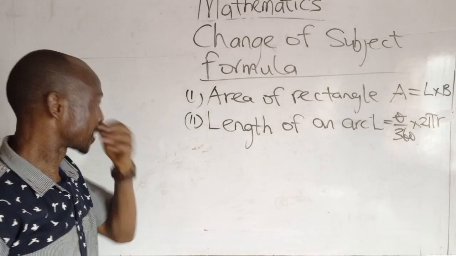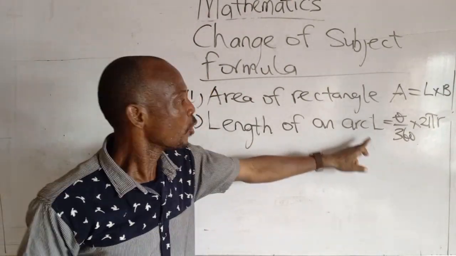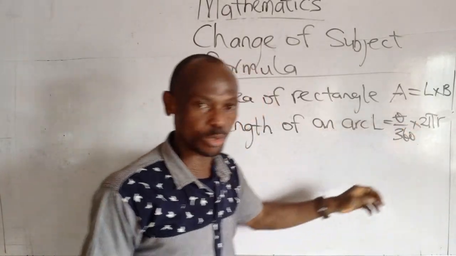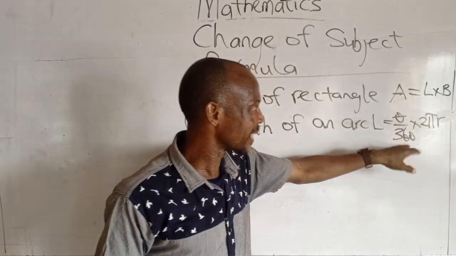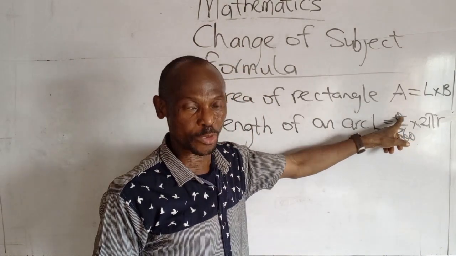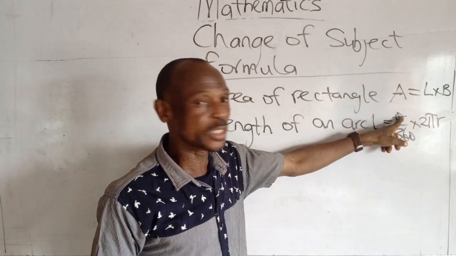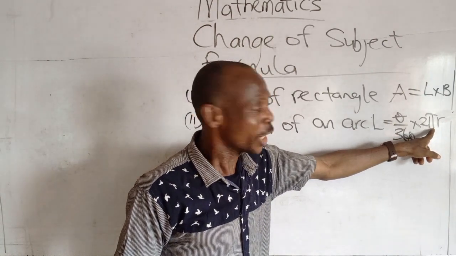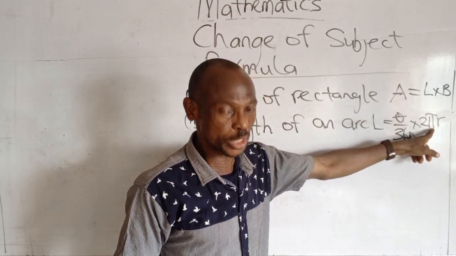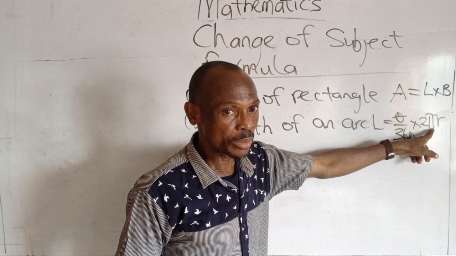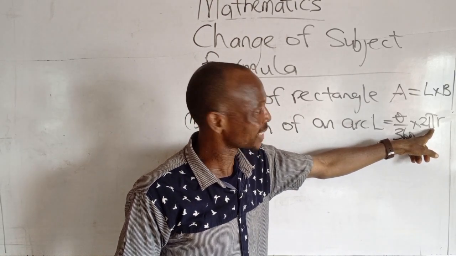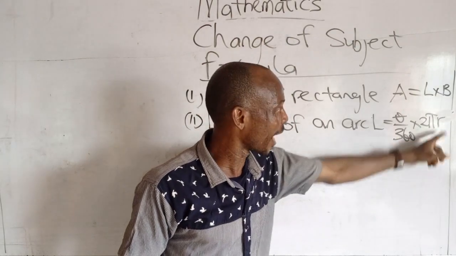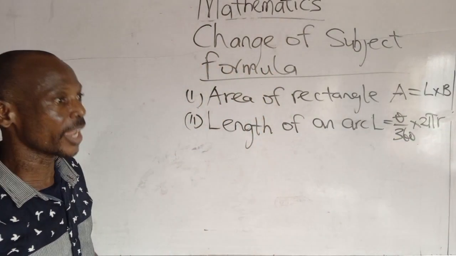Now you can see that for this formula we have letters, we also have symbols, and we have numbers. Theta is a symbol representing what? A given angle. Pi here is a symbol that represents a number which is 22 over 7. And r here is a letter that represents the radius of a circle.